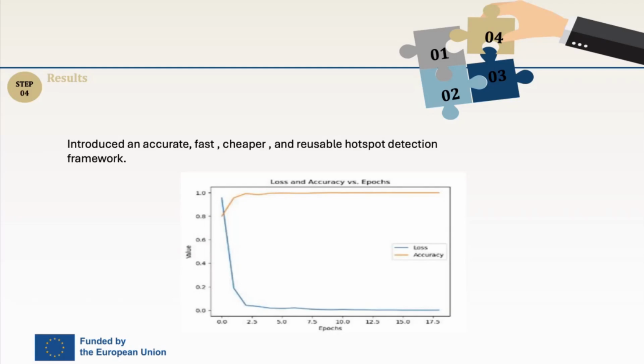And all of this happened during just 18 training rounds. In general, we can say that by applying AI to this problem, we can introduce an accurate, fast, cheaper, and reusable hotspot detection framework.